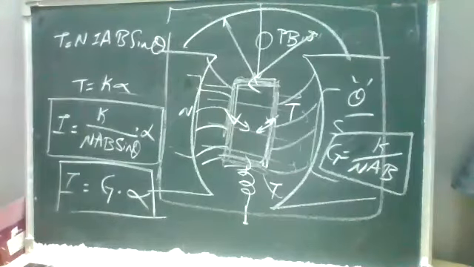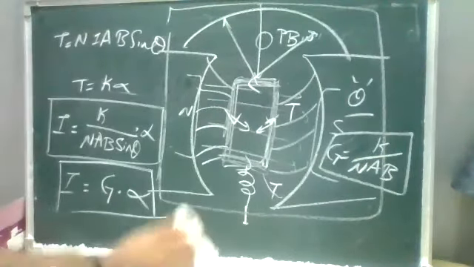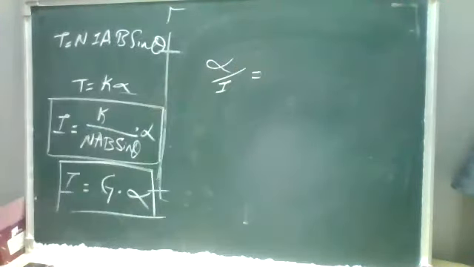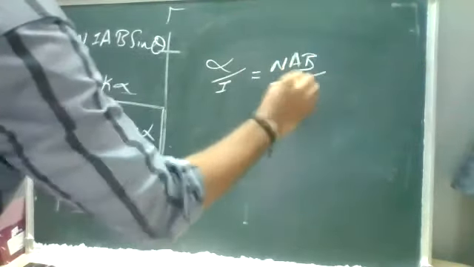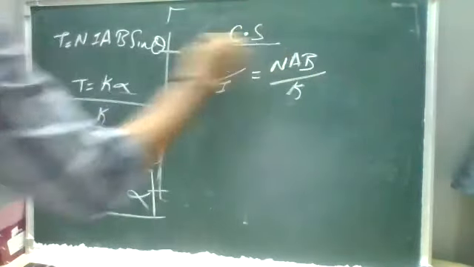Now, when we discuss current sensitivity and voltage sensitivity, there are some formulas. Have you taken these formulas? The relation for current sensitivity is alpha by I, which is equal to NAB by K. We call it current sensitivity.